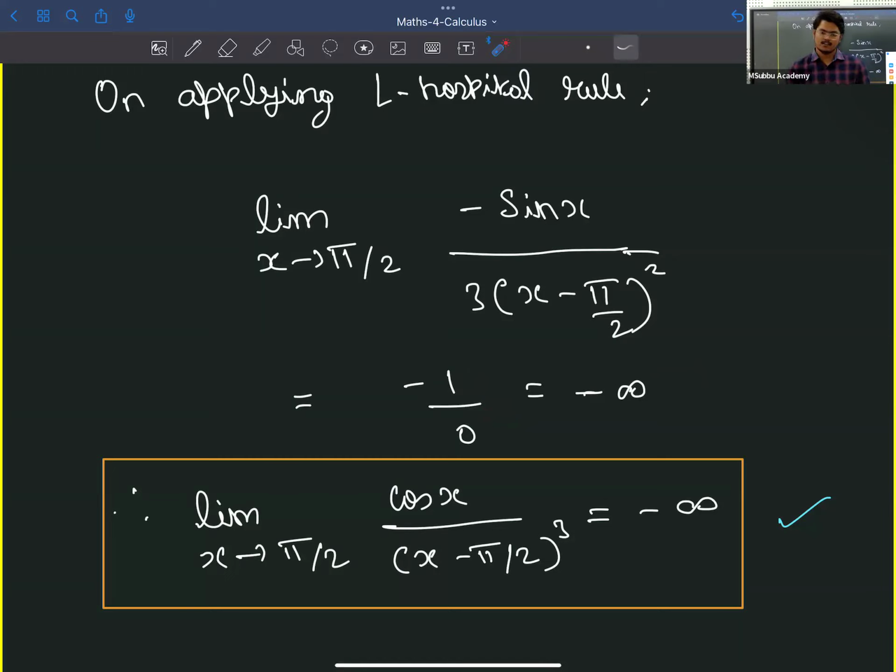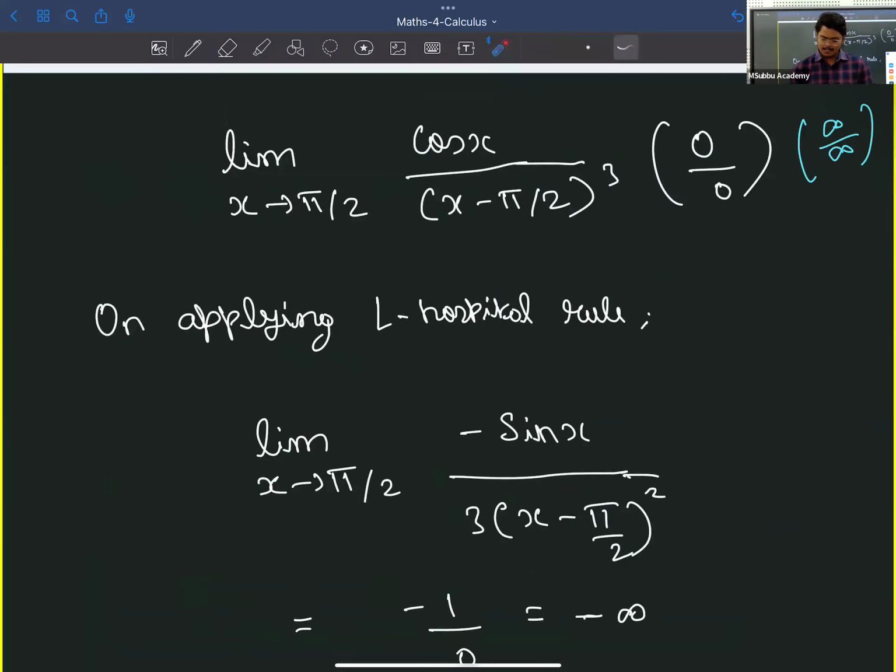Sometimes, if the first differentiation is again coming like 0 by 0, yes sir, we can differentiate a second time. That's correct. So sir has asked me the question. Now we have differentiated the first term: minus sin x by 3 x minus pi by 2 the whole square.